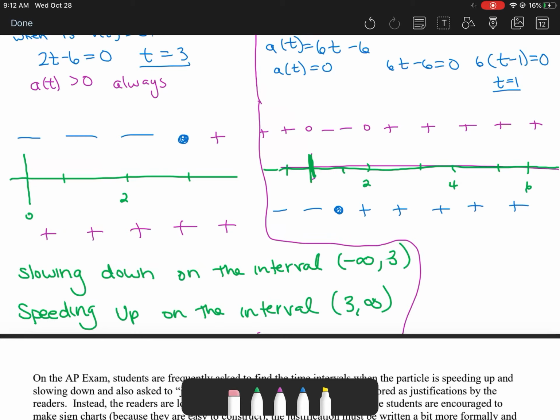So it is slowing down. I'm going to abbreviate here because I didn't leave myself too much room. So it's slowing down on the intervals. Well again, remember it's slowing down where the signs are opposite. So I notice that the signs are opposite from negative infinity to 0, and then I notice that they are opposite from 1 to 2.